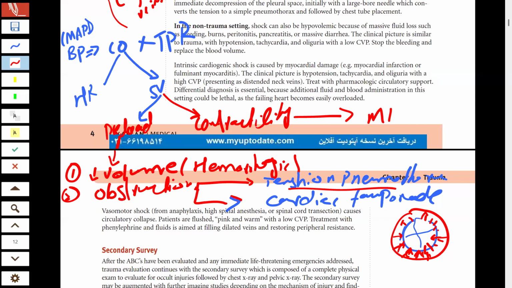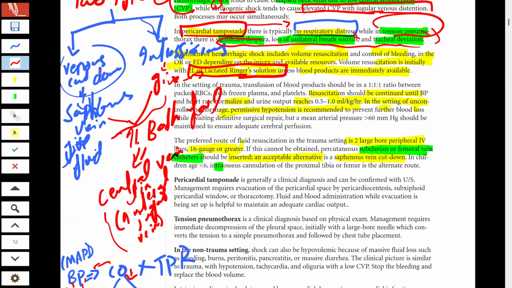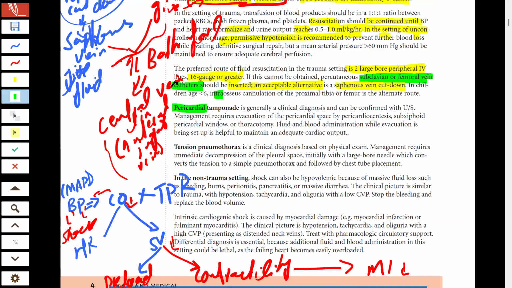So in MI the contractility will be low, stroke volume will be decreased, cardiac output will be decreased, and the patient goes into shock. Ultimately BP is low and the patient goes into shock. So this is the basic concept for your understanding. That's why I am explaining.